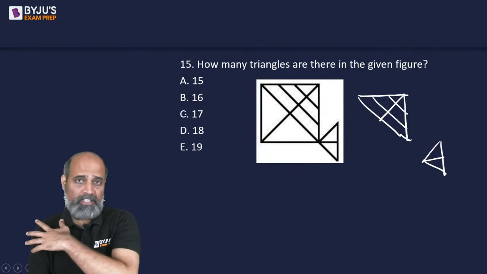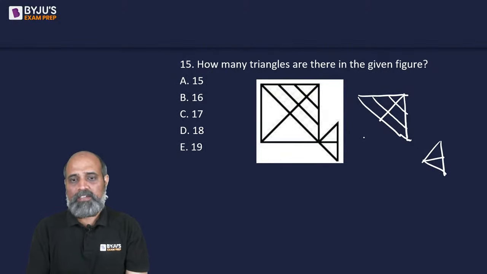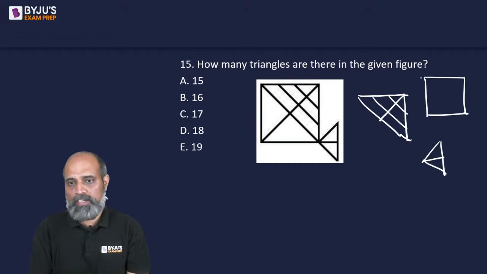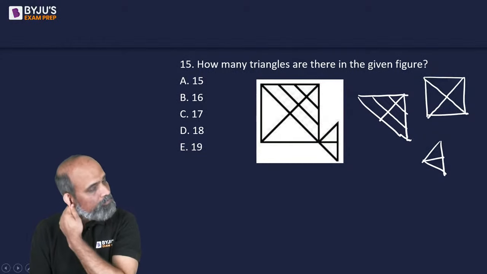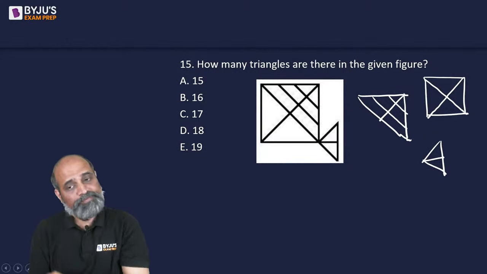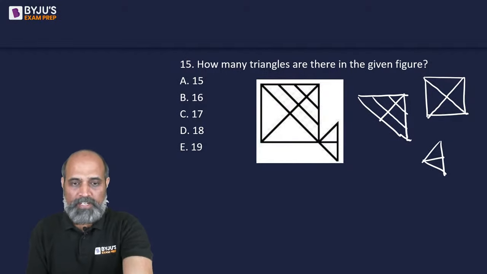So that's a completely different independent figure. This one is another one. Then you also have this particular shape which is square. इसका भी हमें पता है कैसे निकालते हैं, right? So yeah. How many triangles overall?